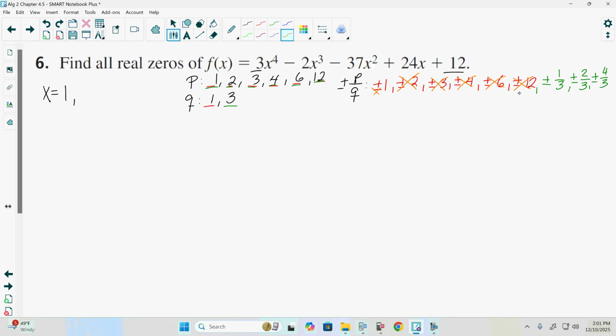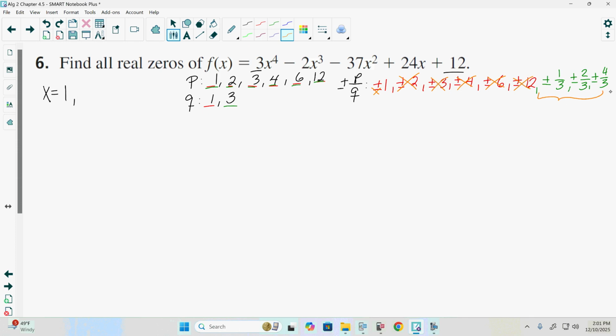I have 4 intersections, so each one of those should have a multiplicity of 1. If I have 4 places that it's crossing between -10 and 10, is it going to cross outside of there? No, because all 4 are right there. So do I need to look at 12 and -12? No, because it's not going to cross out there.